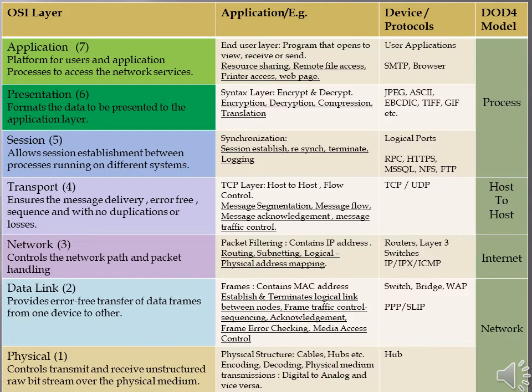The host to host layer corresponds to the transport layer. The internet layer compares to the network layer: in the OSI model it is called the network layer, and in the DoD4 model it is called the internet layer. Again, the data link layer and physical layer are combined to create the network layer in the DoD4 model. So this was the processing.